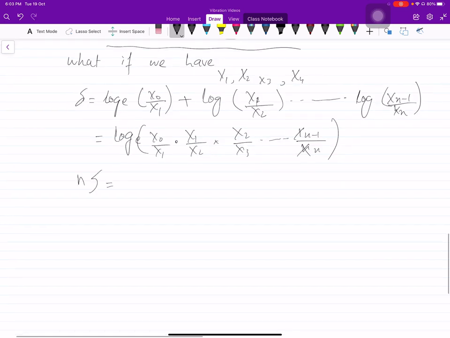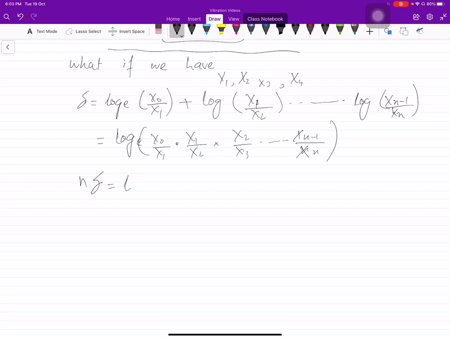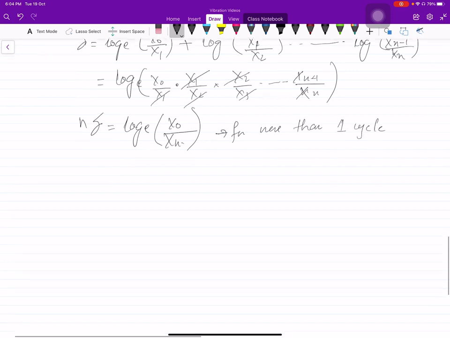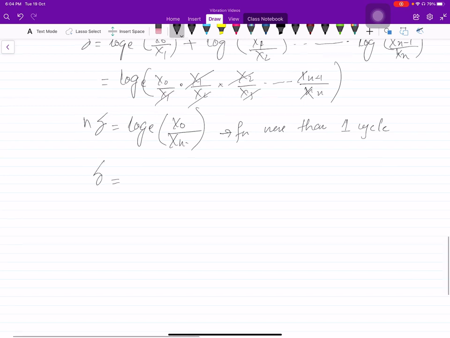Like for the nth logarithmic decrement, we have log, so the intermediate terms cancel out, and the final one is x0 over xn. And then for more than one cycle, what we can do is take the logarithmic decrement, cross multiply, log of x0 over xn divided by n.